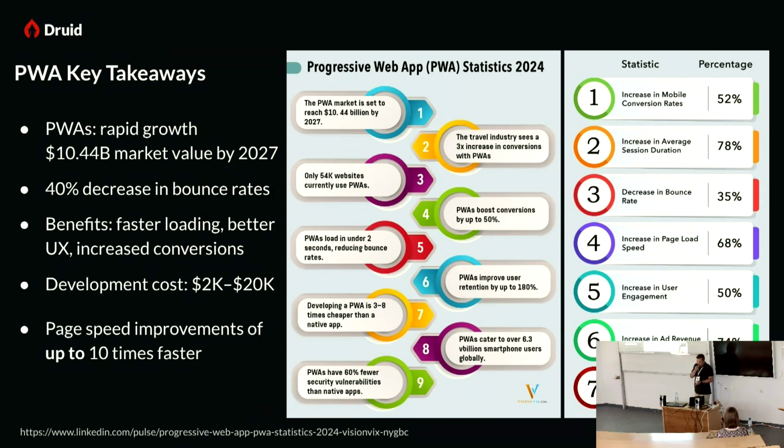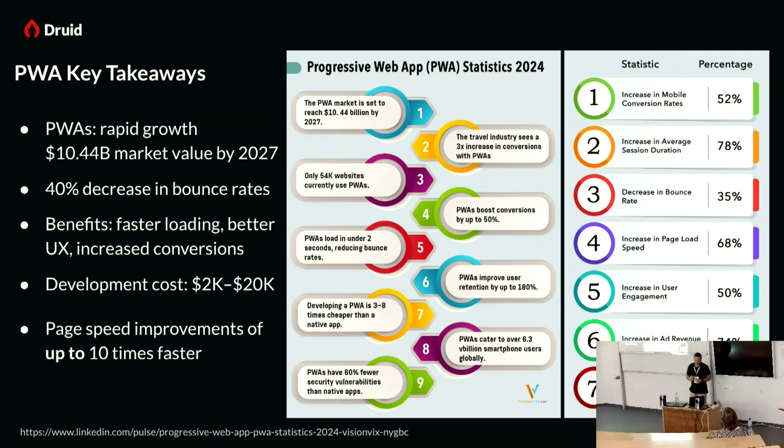So it was a temporary glitch. But anyways, the PWA key takeaways. This is fine print. I downloaded most of this from this URL, but you can see what can be achieved. Currently there are many million websites, but I think only 54,000 websites that actually are PWAs, but it's growing a lot.